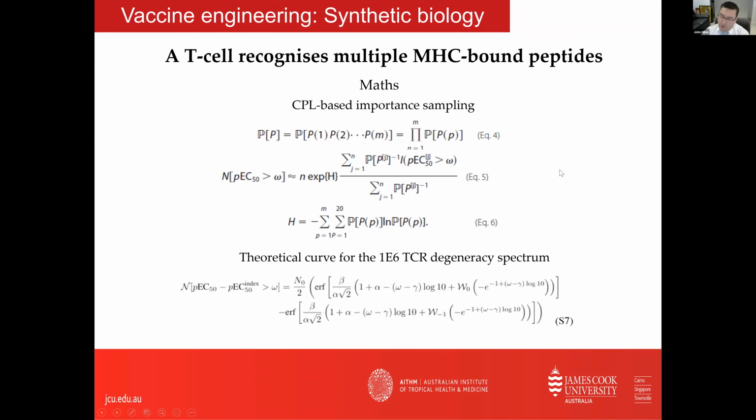And basically what it does is gets the EC50 of all the peptides we've sampled and builds a model on how many peptides a single TCR can recognize. And this is the result. So you don't really have to worry about other stuff.